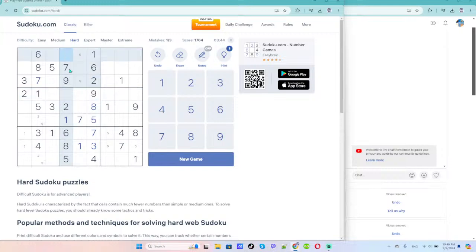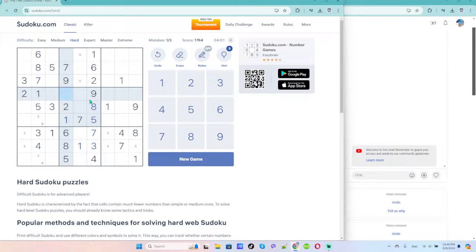And now I see two missing numbers in this column that has a strong connection with these three missing numbers. Because if I know these ones, I can eliminate the candidates of this cell.